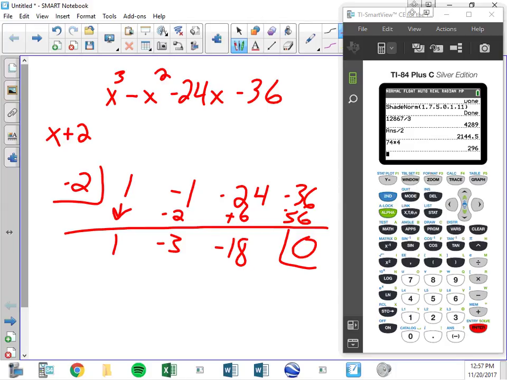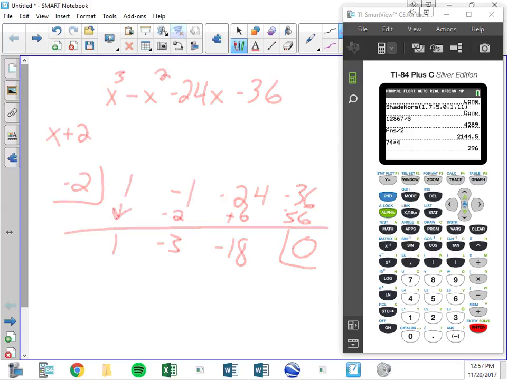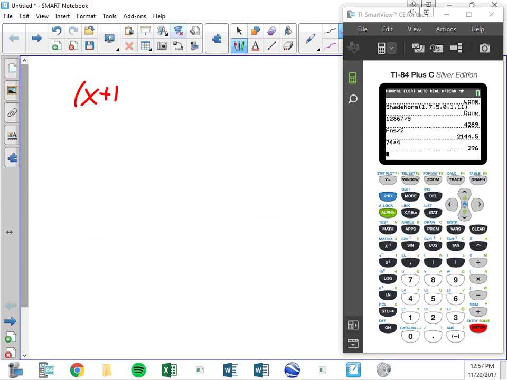Then we have this. If I had x plus 1 and x minus 4 and x plus 5, what does that graph look like? Well, it has 3 roots. What does an x to the third equation look like? An x to the third equation looks like this.